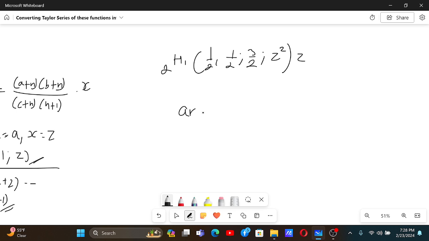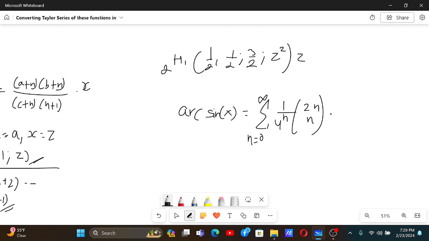We know the Taylor series for arcsin z is the sum going from n equals 0 to infinity of 1 by 4 to the power n, 2n choose n, and then z to the power 2n plus 1 by 2n plus 1. So this is the Taylor series for arcsin z.